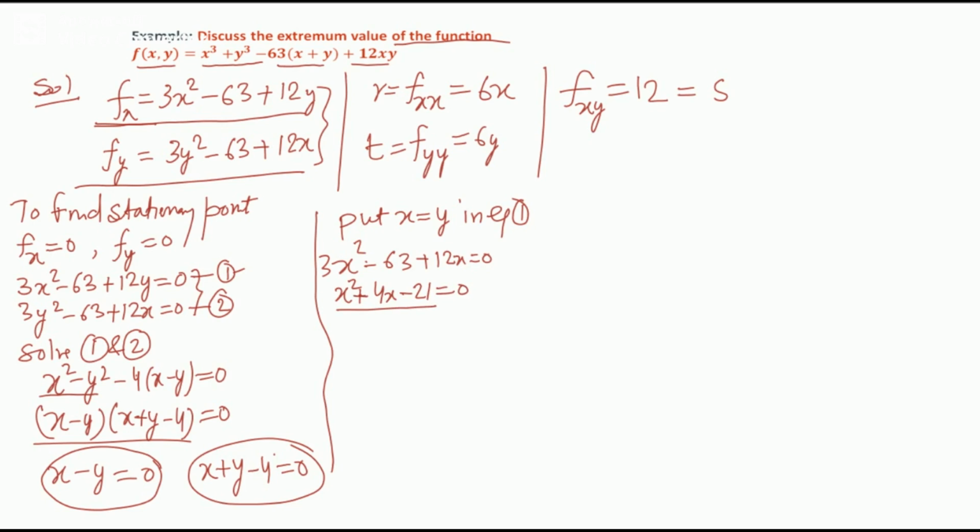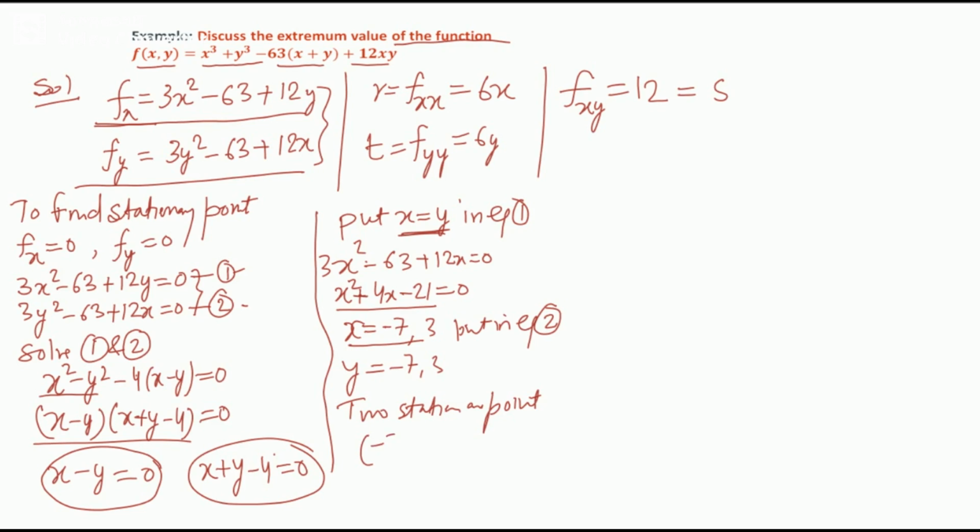When we find the roots of that equation, we get x is equal to minus 7 and 3. Putting in equation 2, we get y is equal to minus 7 and 3. So by this relation we get two stationary points: minus 7, minus 7 and 3, 3.